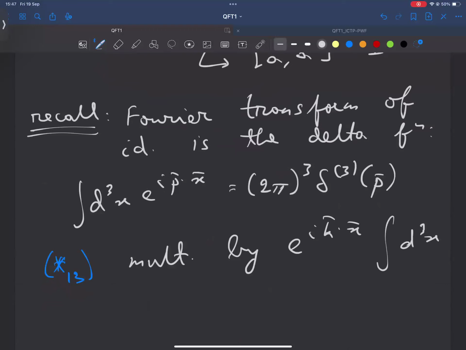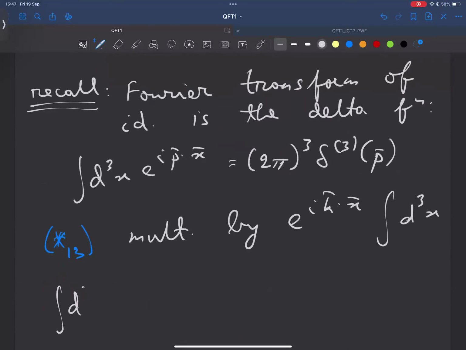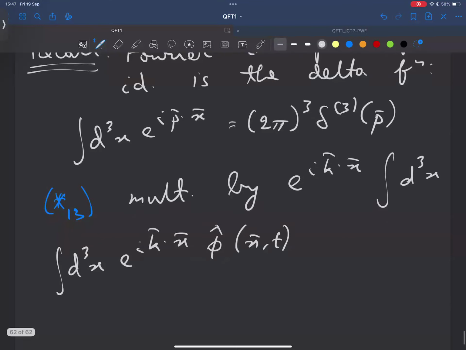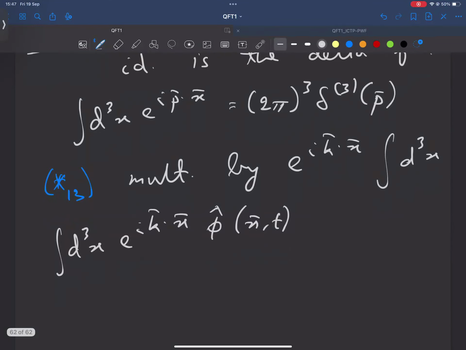So we want ∫d³x e^(ik·x) phi hat(x,t). When we do that, you have to do this very carefully since this is the first time. So let me do it.